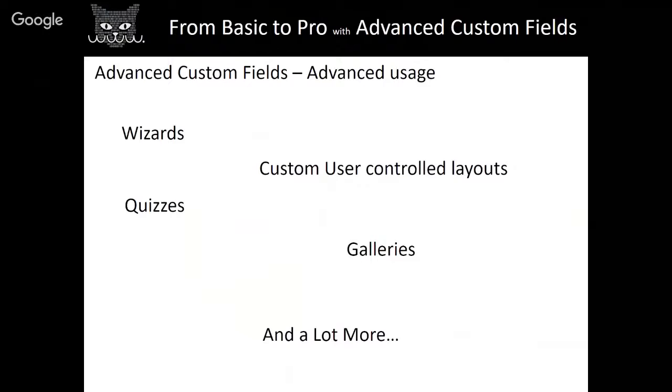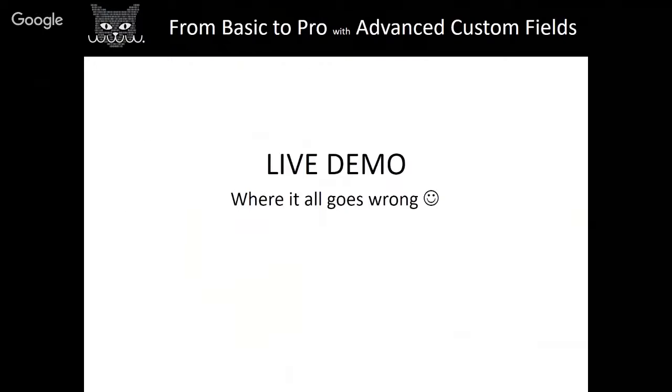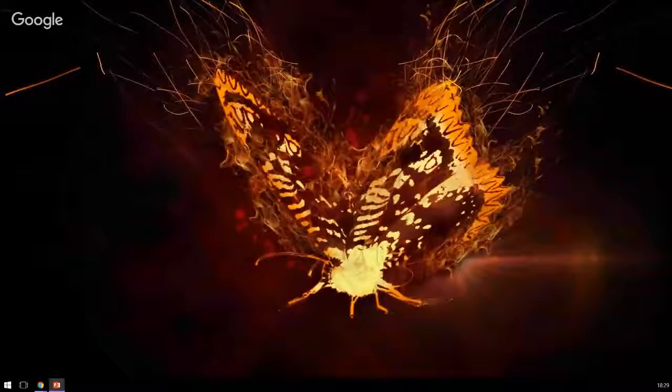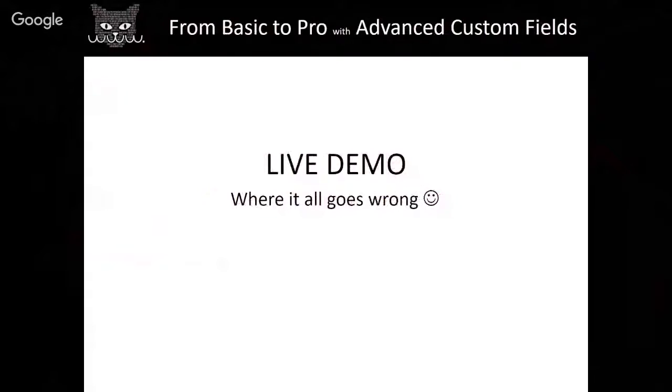But rather than just talk about Advanced Custom Fields, we're going to do a live demo. And this is where it usually all goes wrong. So let's try this. We're going to have a lot of switching between the screen share, so that we can see what is being shared.